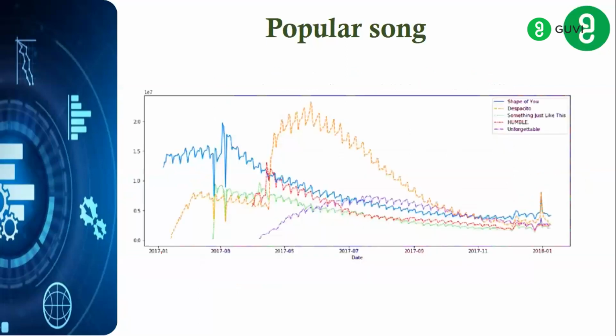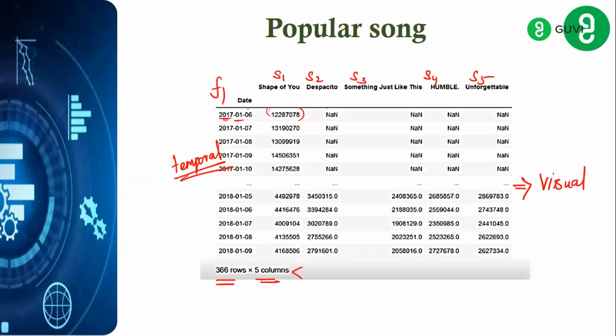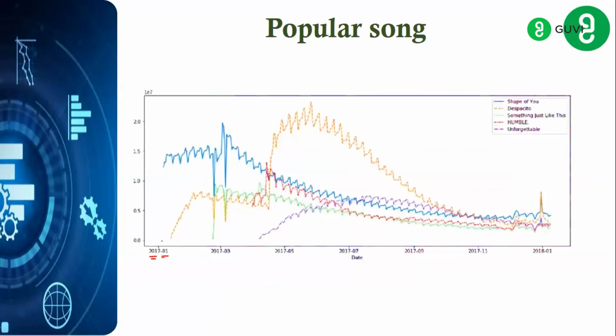So here, during 2017 January, the first song has been released. This is the release date. For example, if song one was released in 2017 January, then how many times has the song been played by the customers?